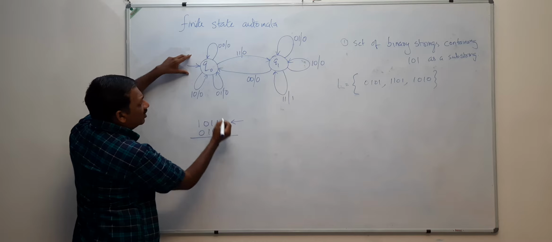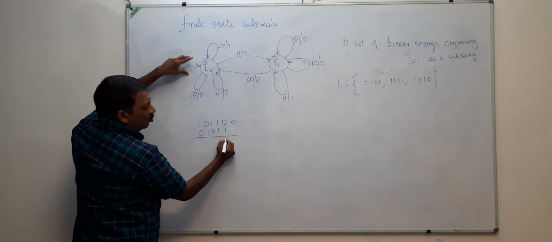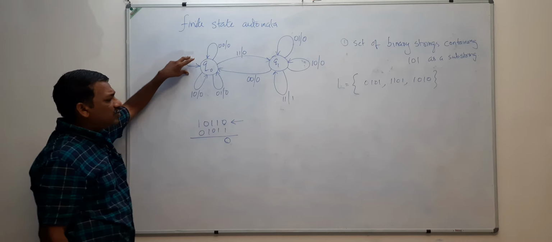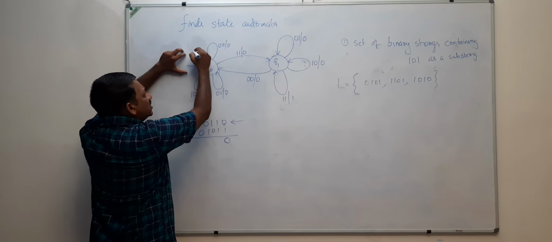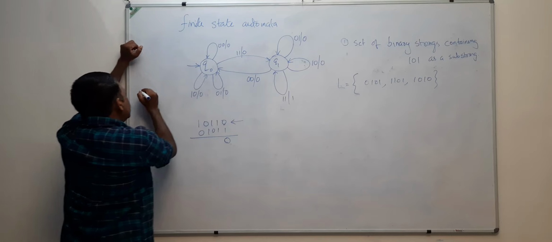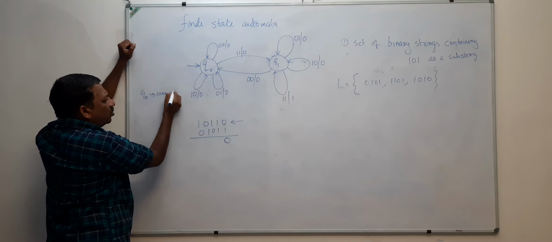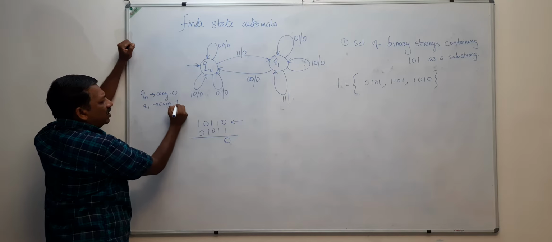Upon receiving 0 1, the output is 0 and there is no carry. So state q0 represents carry 0 and q1 represents carry 1.